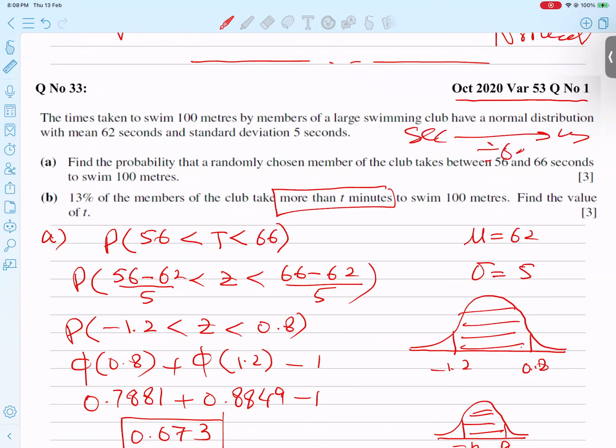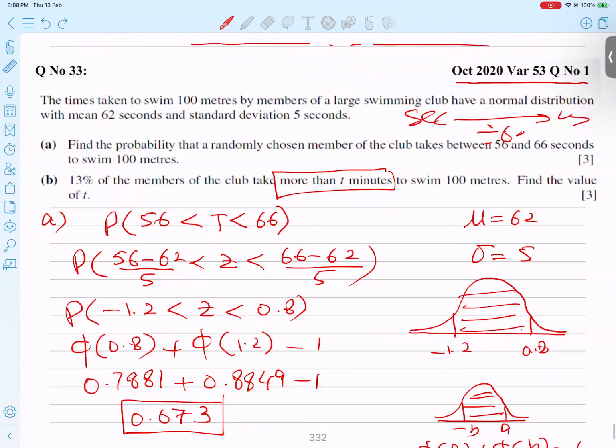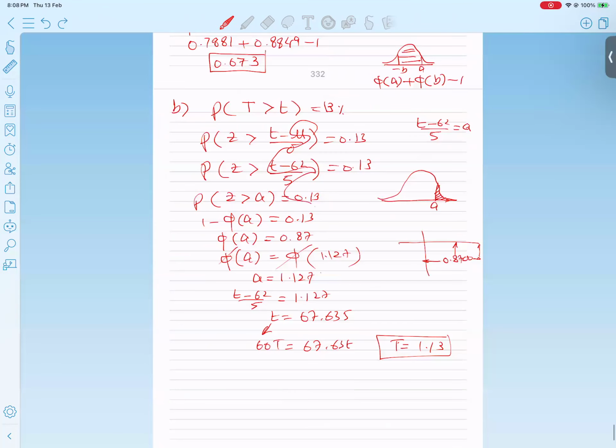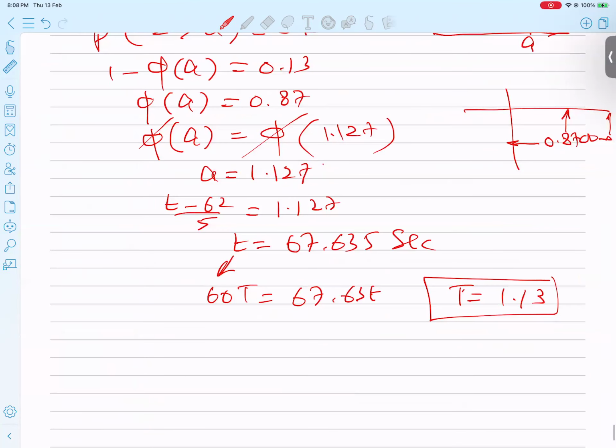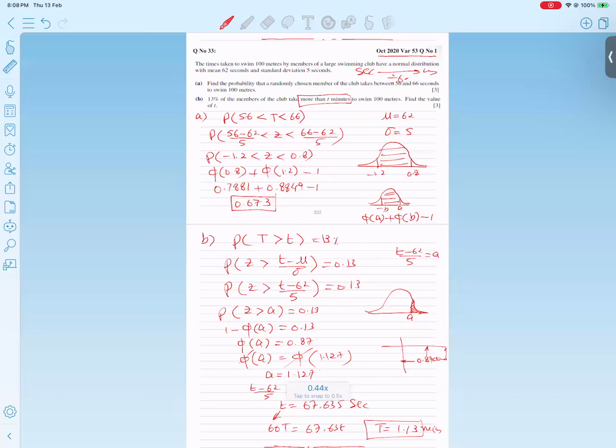That is why, using the top data, everything came in seconds. But he said to convert into minutes. So I believe the point is very clear and the question is completely over. And that's it.